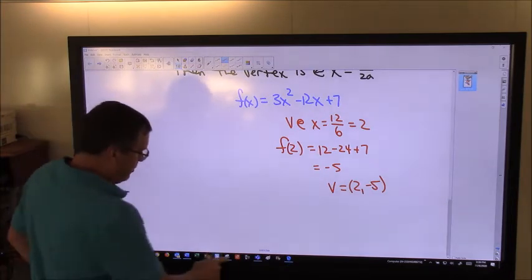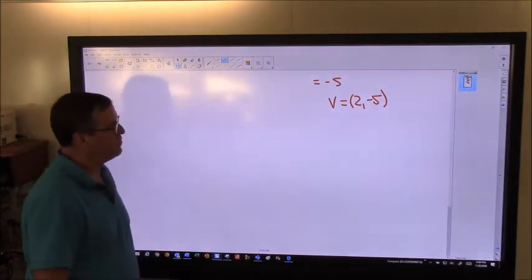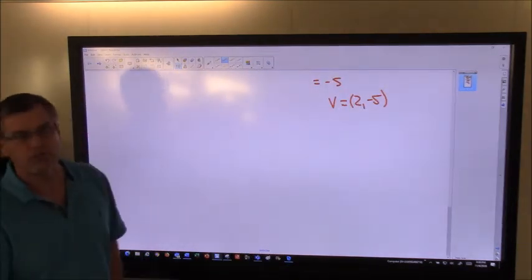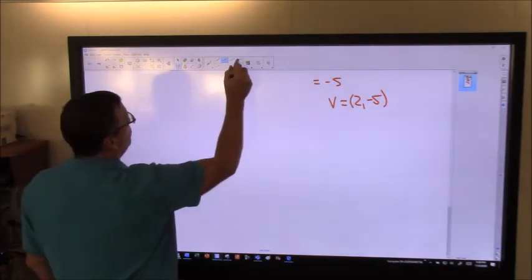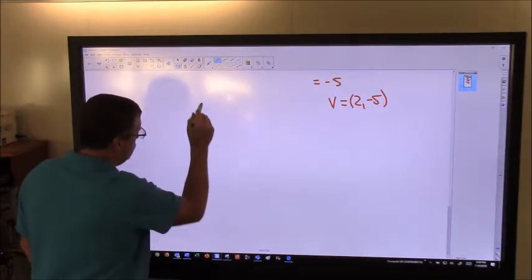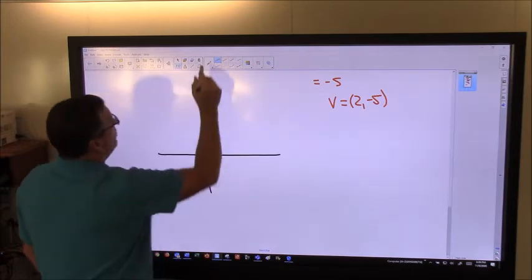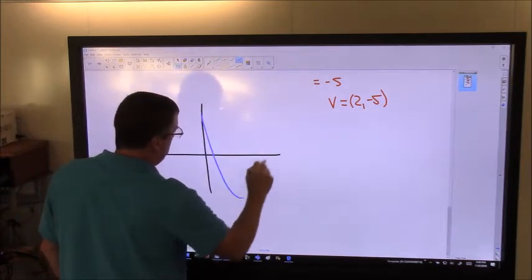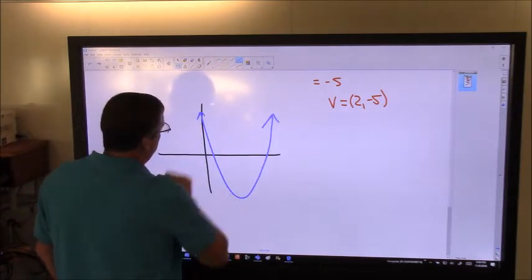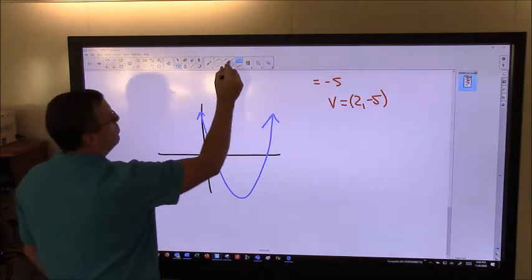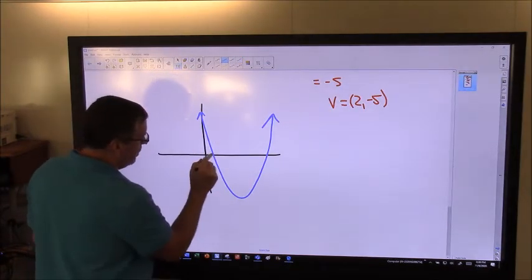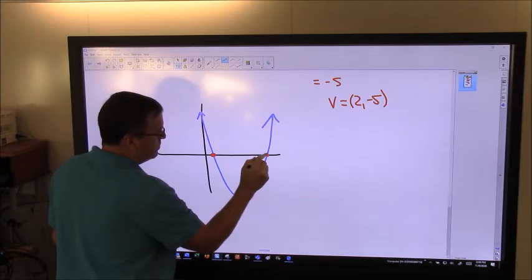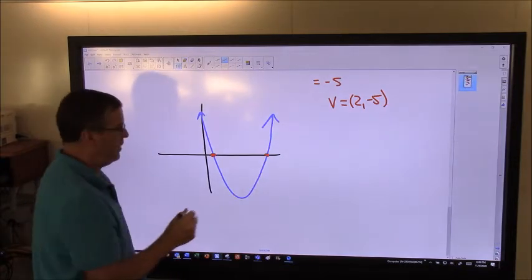All right, so something else that they're going to ask us to do in chapter 2 is when we look at a parabola. So here's my xy axis, here's my parabola. There are 2 things that are going to be important to us. One of them is x-intercepts. Okay, how do I find those?